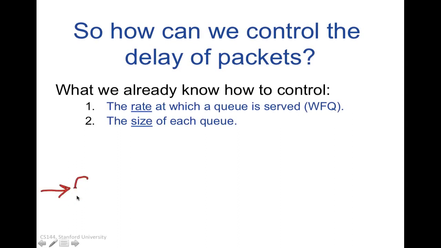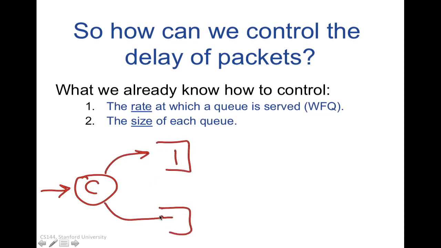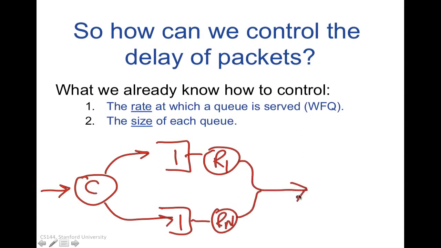So this is the arriving packets, and I'm going to classify them. I'm going to decide the flow to which they belong, and then I'm going to stick them into that queue. Right? So if they had gone into another queue down here, that would be serviced at rate R1, and this one would be at rate Rn, and then they're going to come together and go onto the outgoing line of rate R.